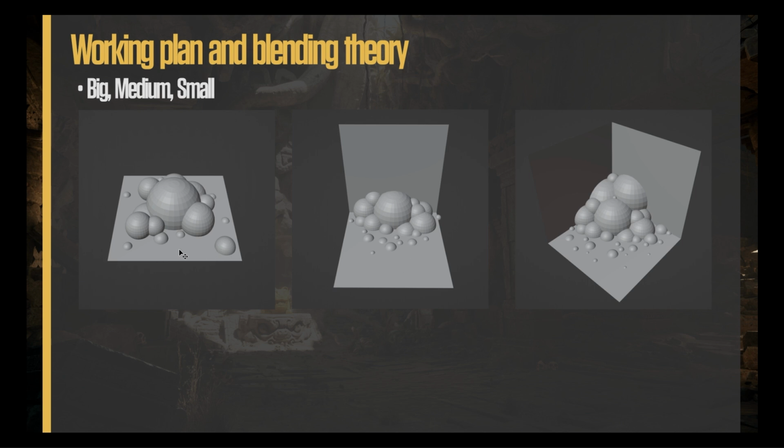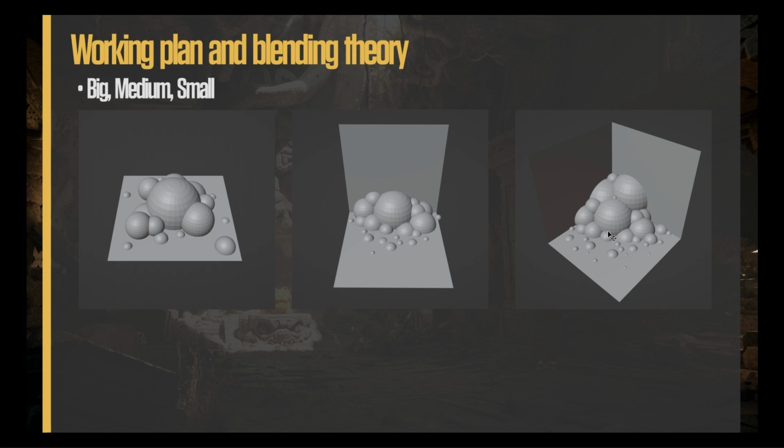The idea here is to have three different kits. One is, so to speak, flat. It does not lean onto anything and it's basically just on flat ground. The second is a kit with rubble or rocks falling on a wall, with a good portion of it leaning over the wall and the rest on the ground. The third is a kit that is probably going to be placed at a corner somewhere in a room or other part of your environment.